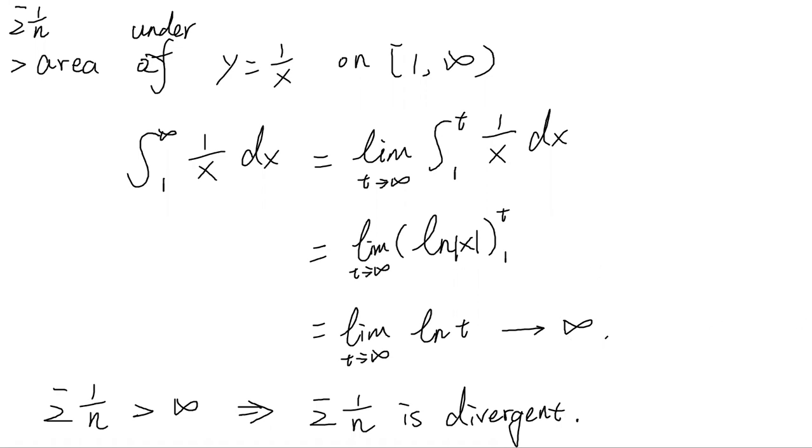Okay, let's take a look at another example. This time, let's study the series, the sum of 1 over n squared. Again, if we try to use the partial sum to calculate this series, you will realize we don't have any formula for the sum of 1 over n squared.